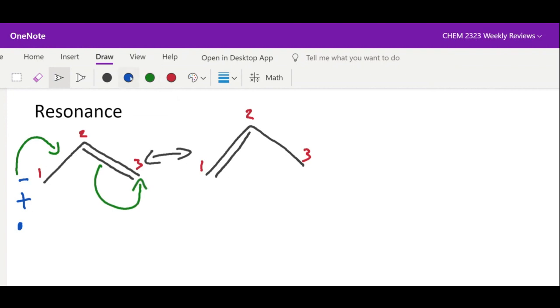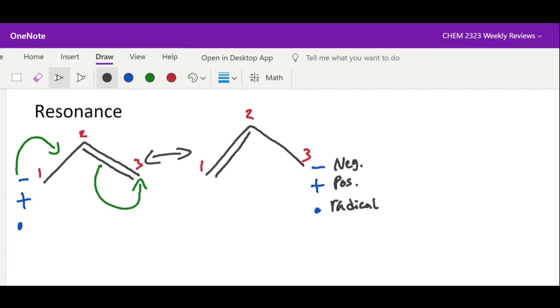Which is why in our resonated form, we have the charge on carbon 3, whether it's a negative, positive, or a radical. Also, these have names. So again, this is negative, positive, and radical, right?